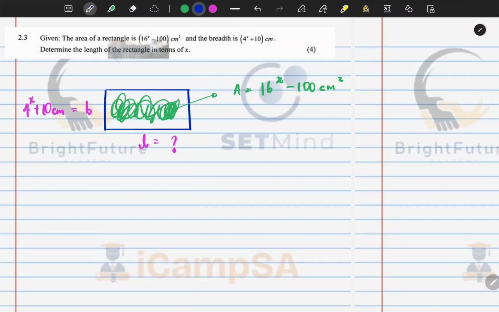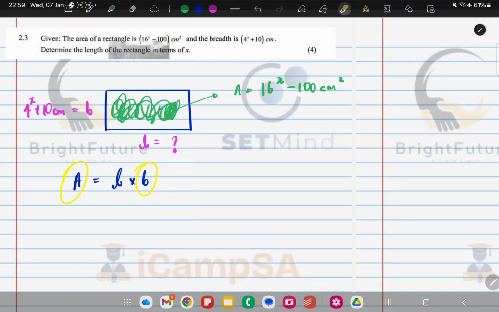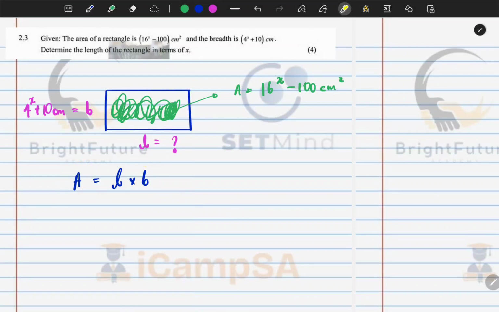So the formula for the area of a rectangle is area equals length times breadth. You already have the area, you already have the breadth, but you are looking for the length.